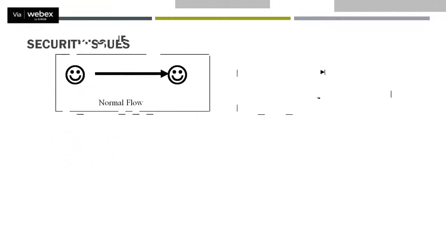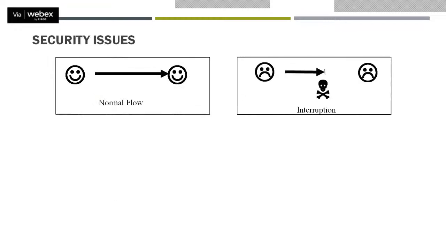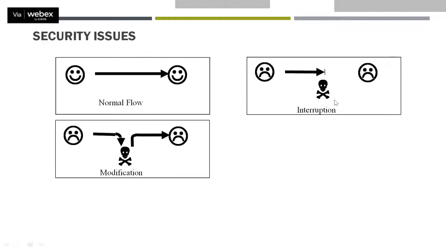Okay, so we will see the different threats. First one is the normal flow, which we can see in the diagram. Then there is interruption. Interruption is basically cutting of a wire or not getting connected to the internet and so on. Then there is an attack called modification, which is again a threat.